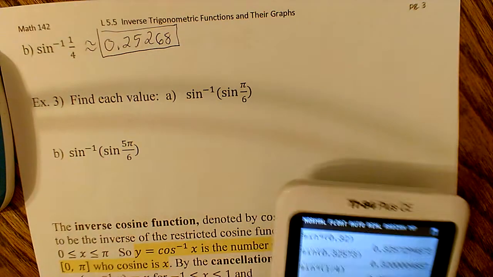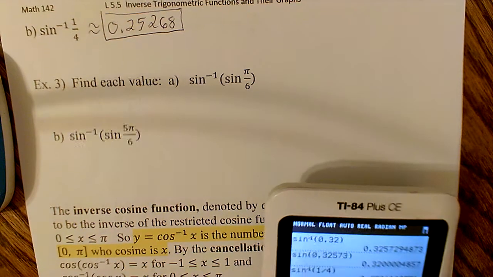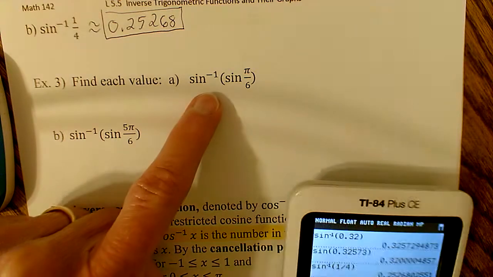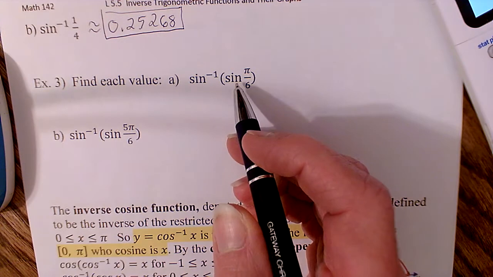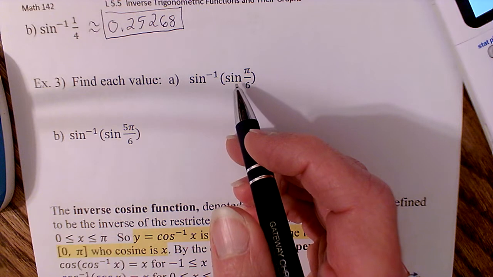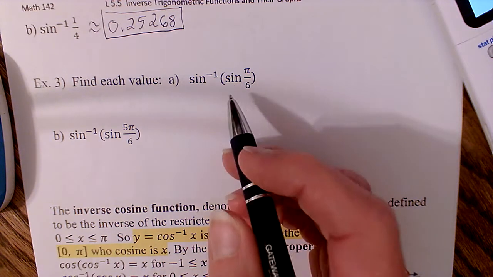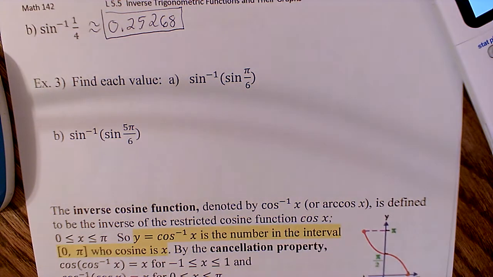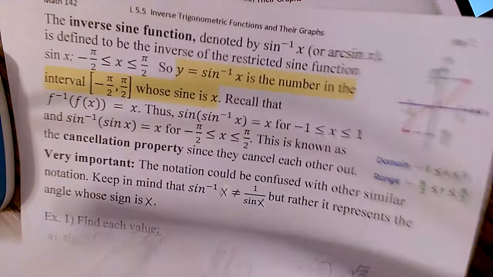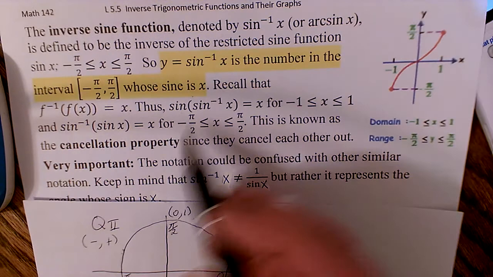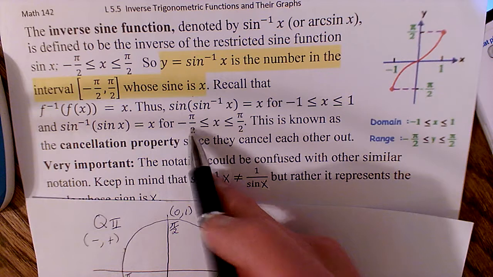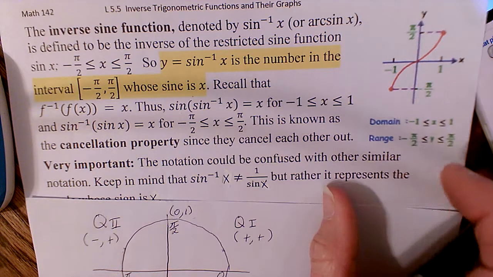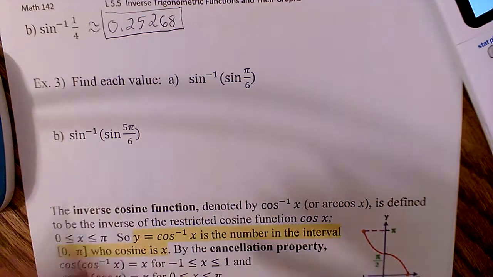Alright, so what if, in example 3, I'm supposed to find this value. I've got the inverse sine of the sine of pi over 6. So now I need to make sure we know those cancellation properties. We talked about our cancellation properties over here, but our inverse sine on sine is only going to work as long as we're only plugging something in that's between negative pi over 2 and pi over 2.